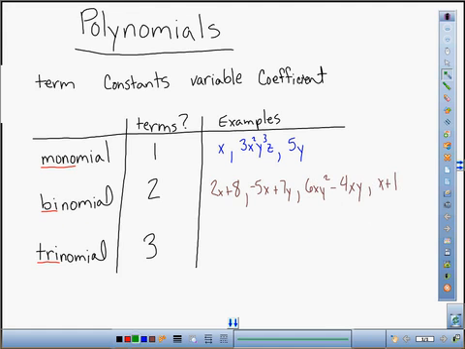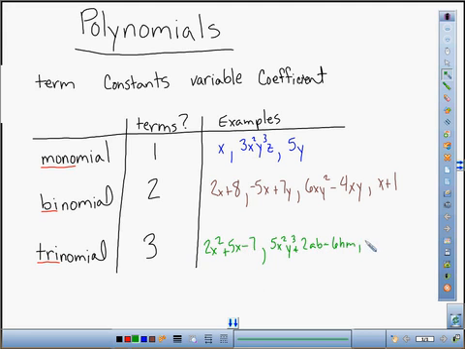Trinomial has to have three terms. So 2x squared plus 5x minus 7. Okay? Notice I have an addition sign and a subtraction sign. Two of those means three things are being added or subtracted. Three terms makes it a trinomial. I mean, you can have all kinds of things. 5x squared y cubed plus 2ab minus 6hm. 1, 2, 3 terms makes it a trinomial.